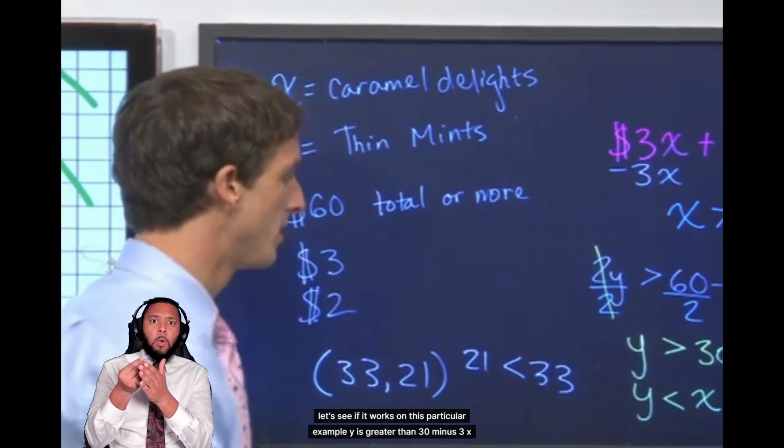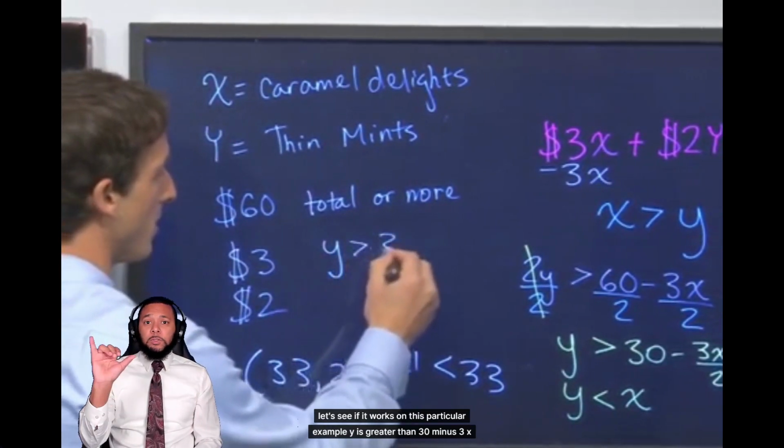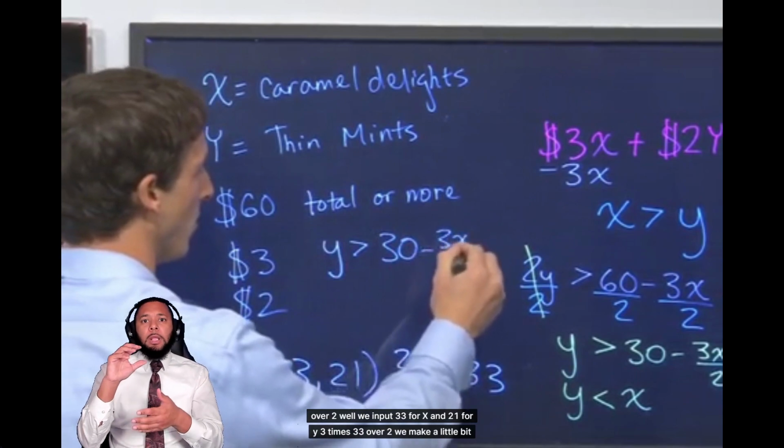Now let's see if it works on this particular example. y is greater than 30 minus 3x over 2.